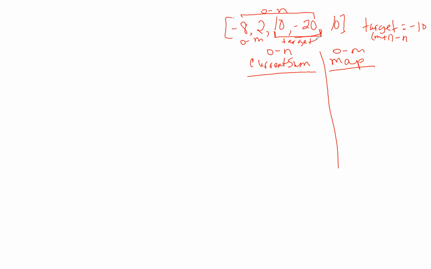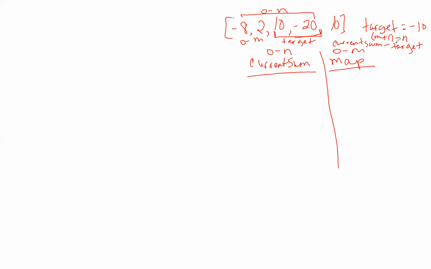So before we put something in the map, we can see if we have seen the 0 to m part before. As we keep our current sum, we can ask, okay, is current sum minus our target in the map?